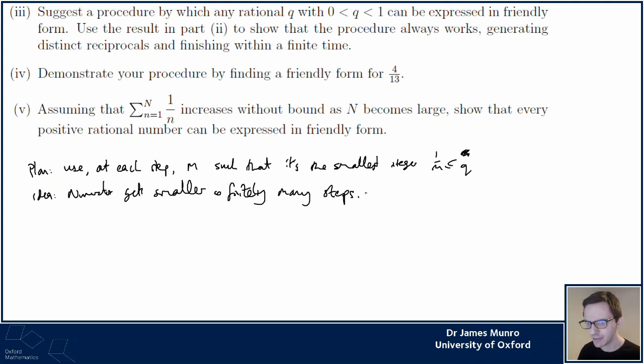So that's my plan. I need to check. That's going to finish in finitely many steps because I'm making the numerator smaller. I need to check that it's distinct reciprocals, which is a bit of a pain. So I suppose 2 of them are the same.